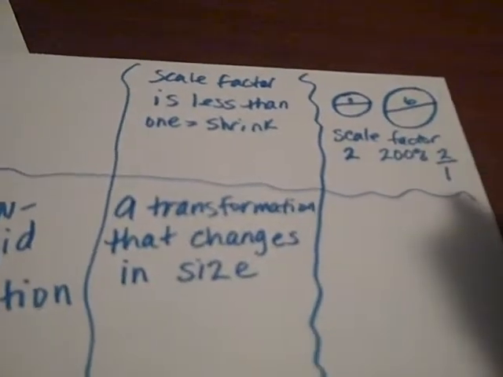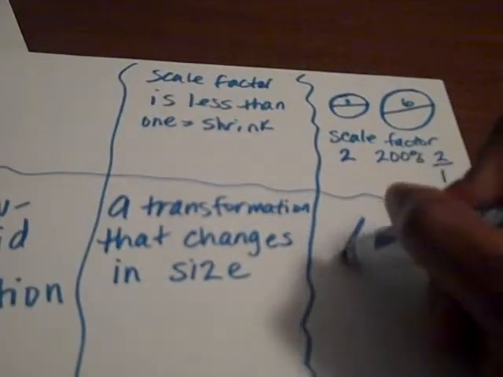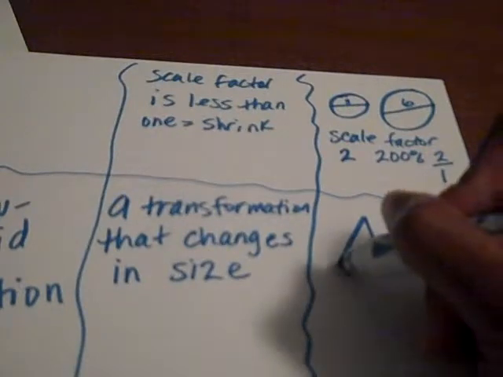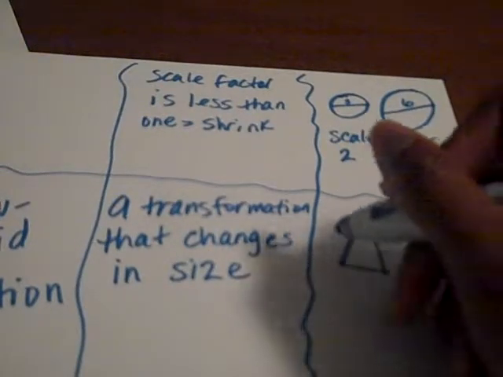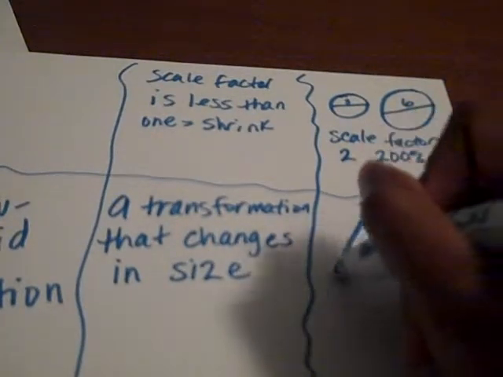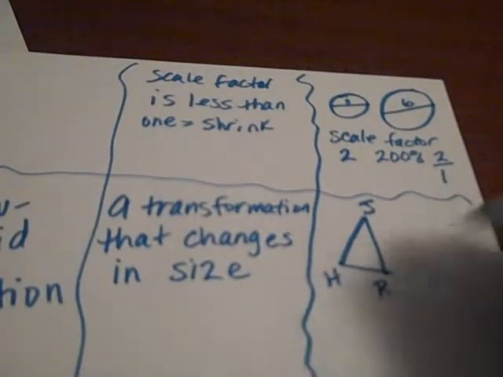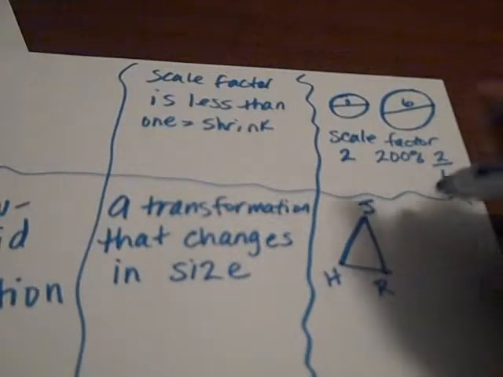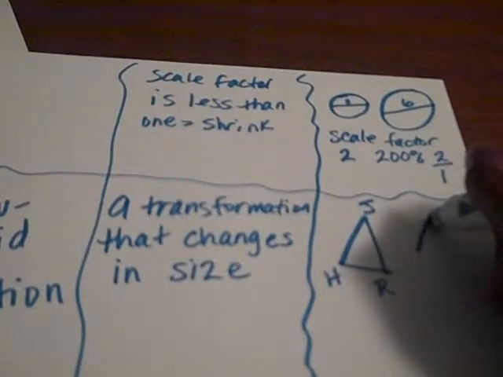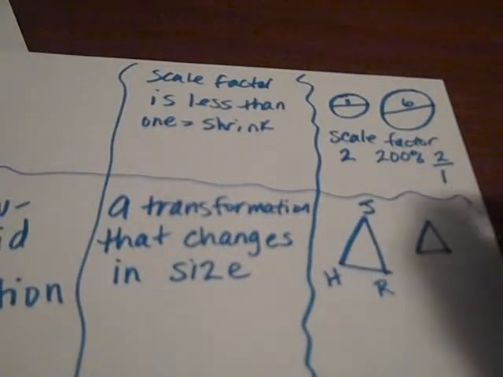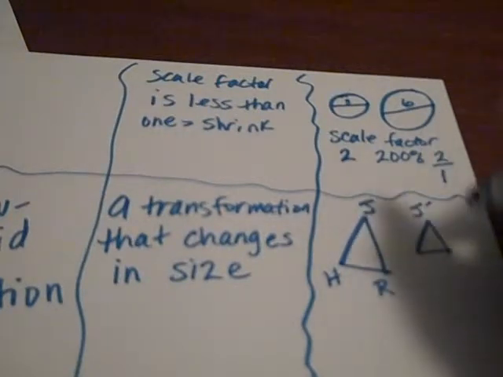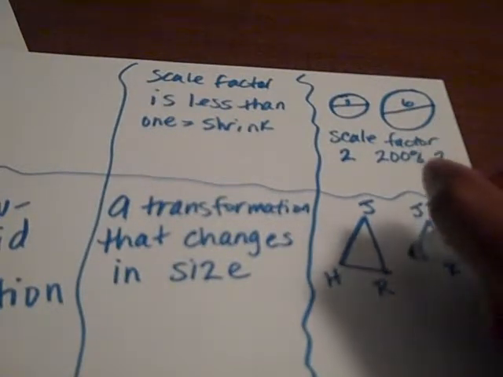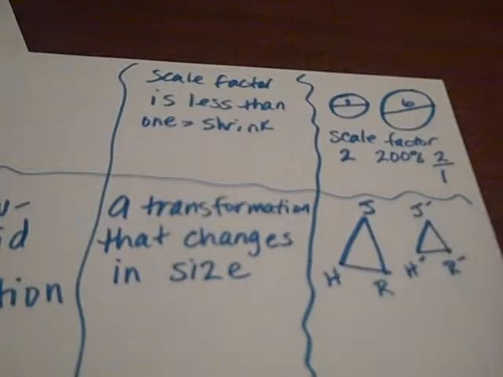Our picture to represent this. Again, remember to make sure you always label your vertices. And this time my non-rigid motion, my dilation, is going to shrink, become smaller. So here is J prime, R prime, and H prime.